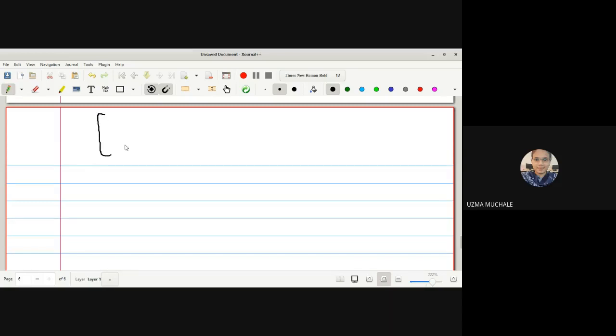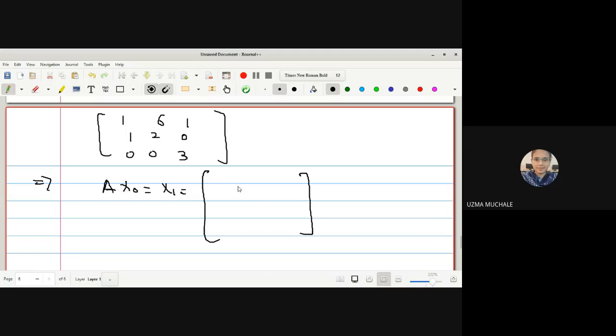Find the largest eigenvalue for this matrix. The matrix is 1 6 1, 1 2 0, 0 0 3. What is the method? We have to first find Ax naught, which is nothing but your x1, where A is 1 6 1, 1 2 0, 0 0 3.